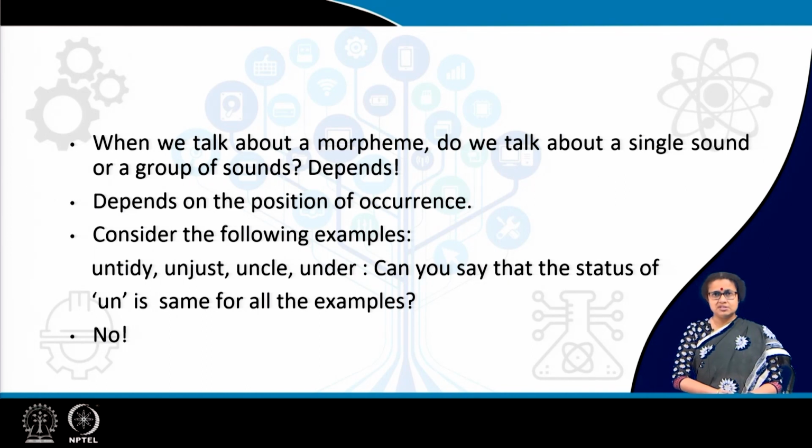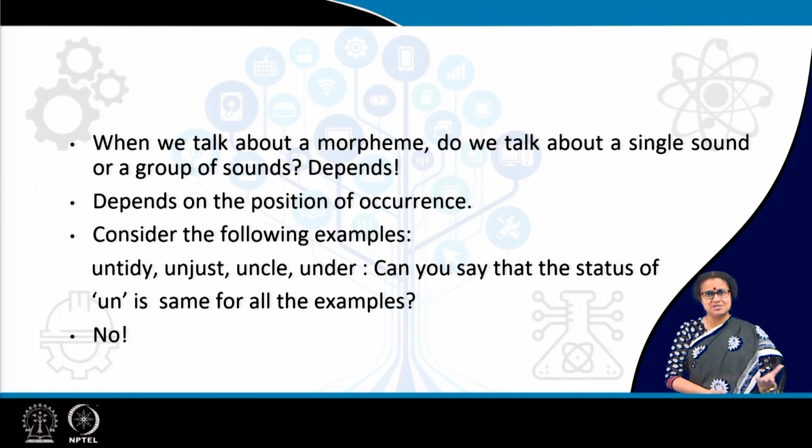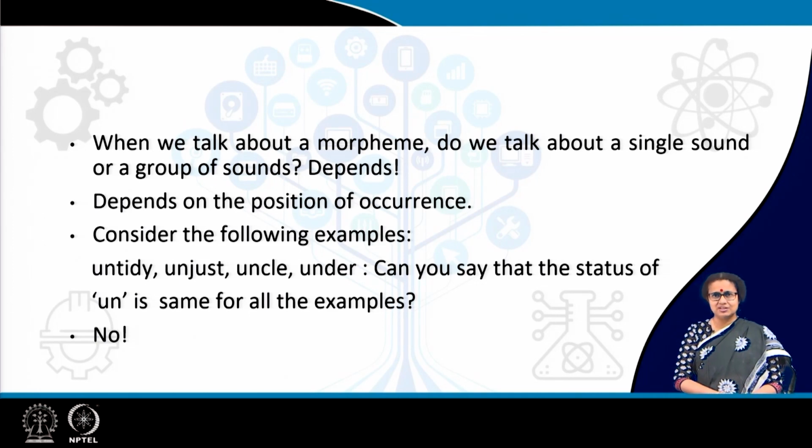If you consider the following examples, there are 4 words actually: untidy, unjust, uncle and under. I am sure all of you understood that the status of un is not the same for all the examples. So, the question I have asked is, can you say that the status of un is the same for all the examples?